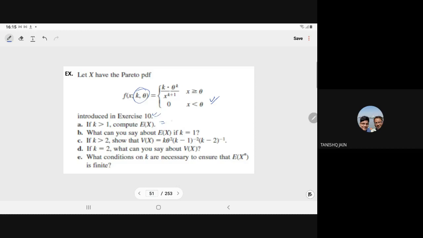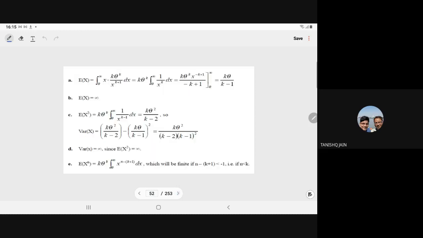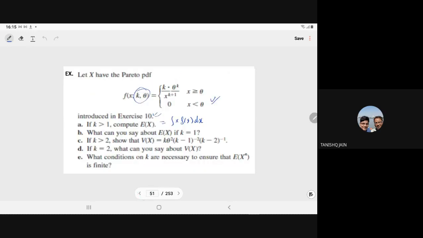So what is the basic formula? It is the integration of x into f(x) into dx. Here the range will become minus infinity to theta plus theta to infinity. In the first range the integrand is 0, but in the second the integrand is given to you, x into f(x) into dx.